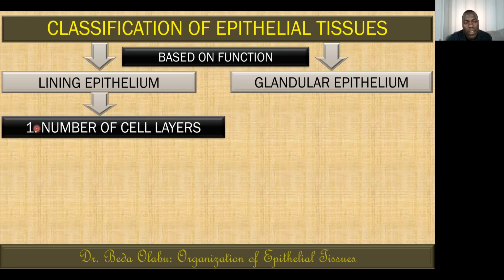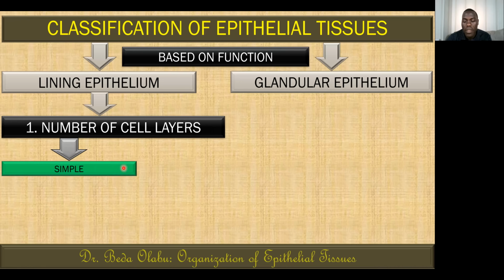The first one is based on the number of cell layers. How many layers of cells is this epithelium made up of? On this account, if the epithelium is just one layer of cells, then we call it simple epithelium.